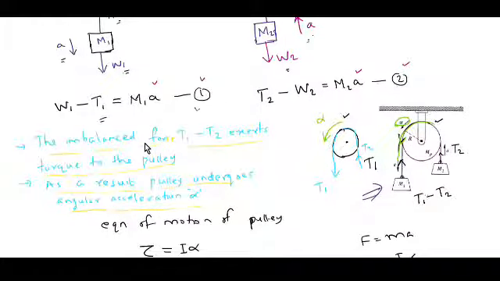If you add this equation 1 and equation 2, here W1 minus W2 plus T2 minus T1, and on the right hand side we have M1 plus M2, and take A outside. A is common in these two equations.